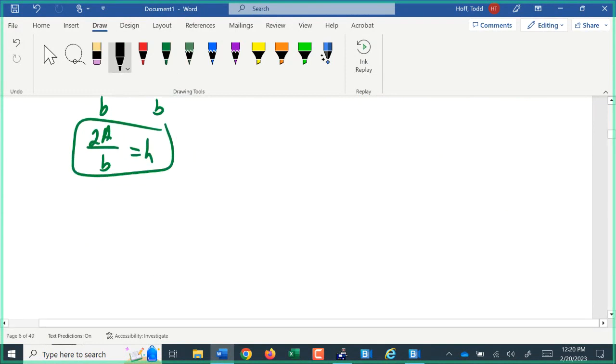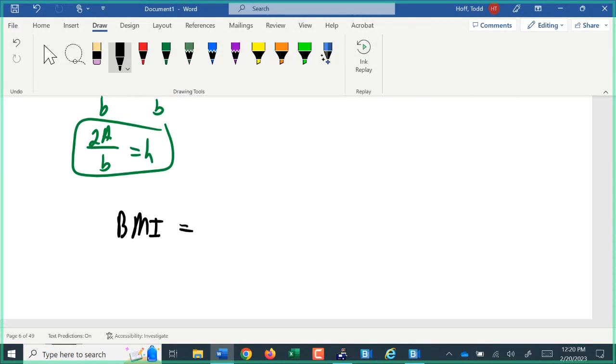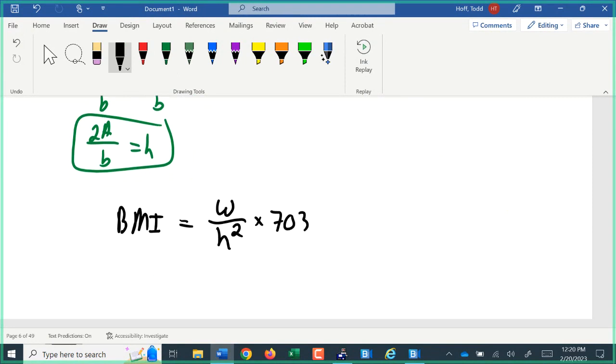One more formula that I want to show you before we hang it up for the day, body mass index. Your BMI is your weight divided by your height squared, and your height's in inches, times 703.